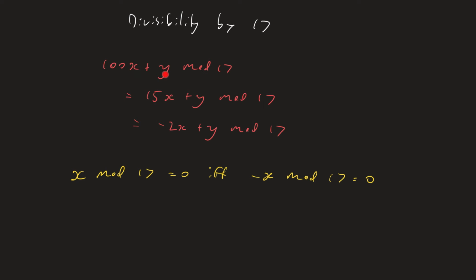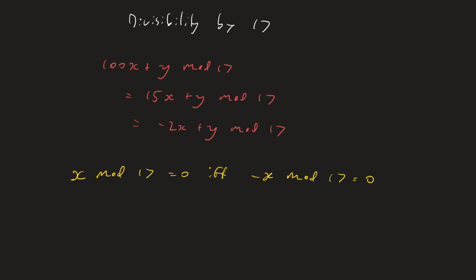Our number is divisible by 17 if and only if modulo 17 it equals 0. Taking modulo 17 of the coefficients, 100 modulo 17 is 15, so this is equivalent to 15x plus y modulo 17. 15 modulo 17 is the same as negative 2 modulo 17. 15 minus 17 equals negative 2.